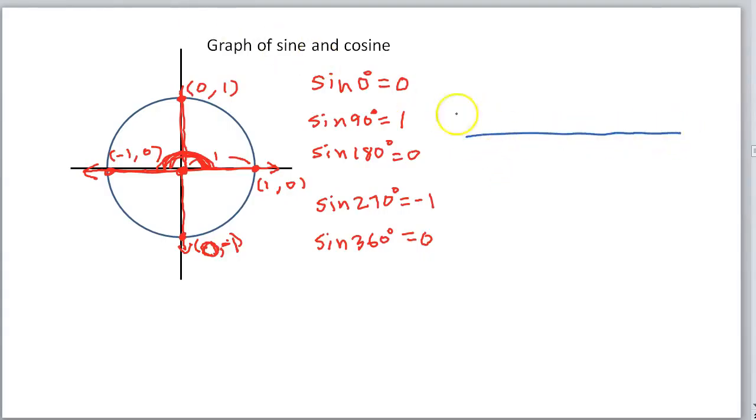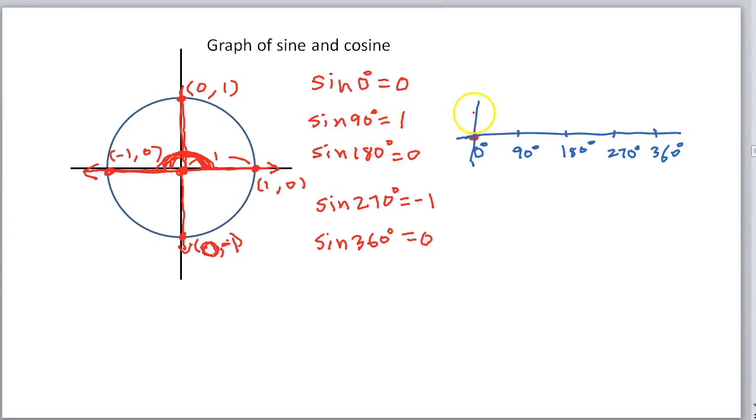Let's say this is 0 degrees, and that's 90 degrees, and that's 180 degrees, 270, and 360. Okay. Sine of 0 is 0, so you have to plot 0, 0.